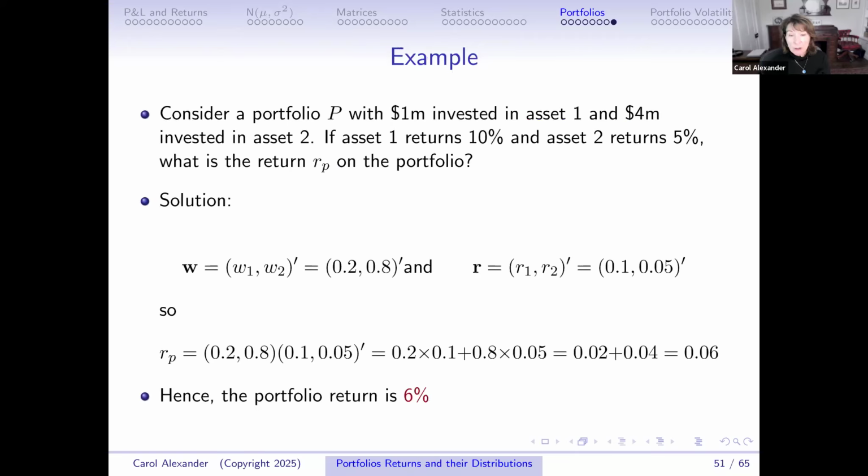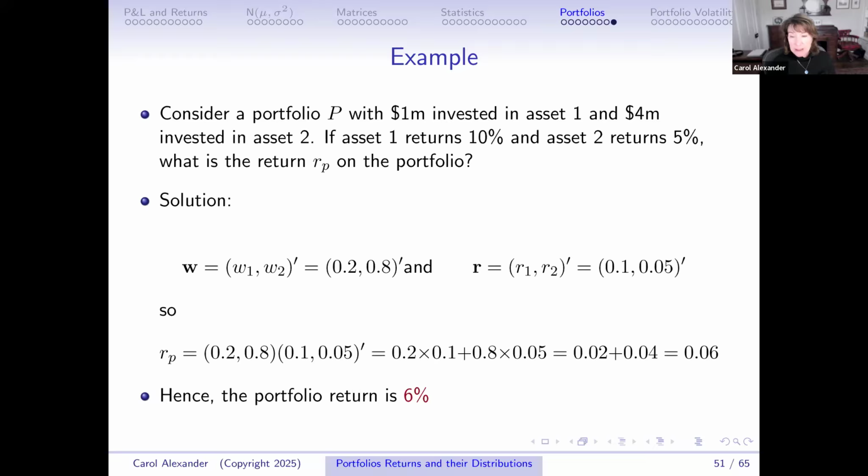So, for example, you've got a portfolio P with $1 million invested in asset 1 and $4 million invested in asset 2. If asset 1 returns 10% and asset 2 returns 5%, what's the return on the portfolio? So your weights are 1/5, because the total is 1 million plus 4 million. It's 5 million invested. That's 0.2 in asset 1 and 0.8 in asset 2.